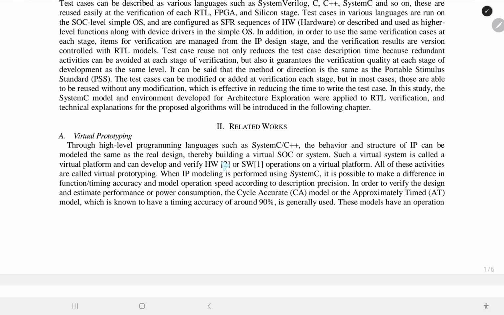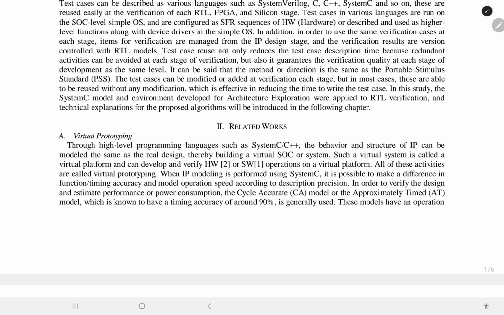Thereby, a virtual SoC or system can be built. Such a virtual system is called a virtual platform, and the hardware or software operation of the virtual platform can be developed and verified. All of these activities are called virtual prototyping.